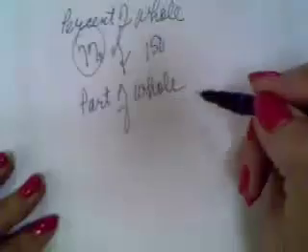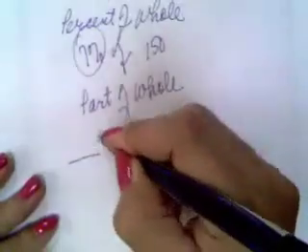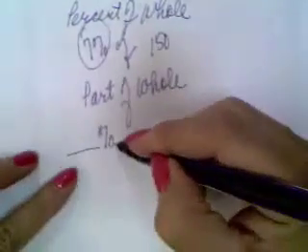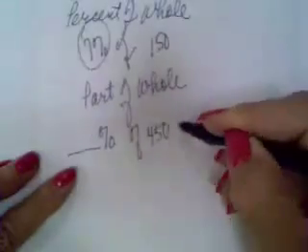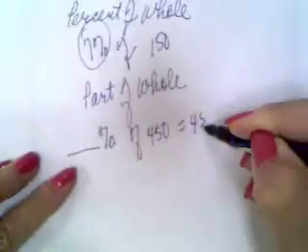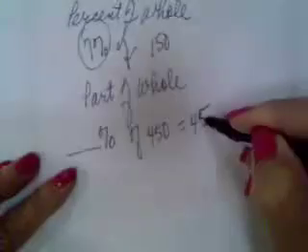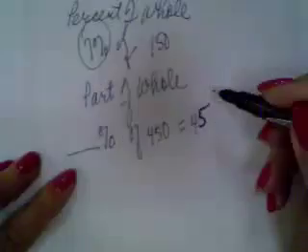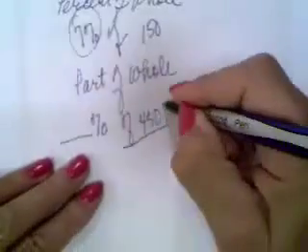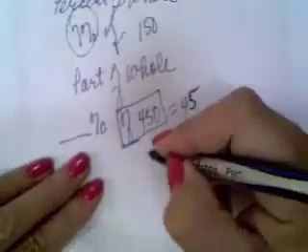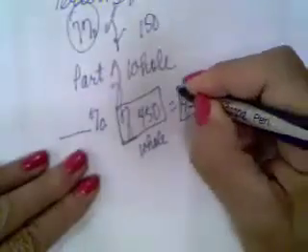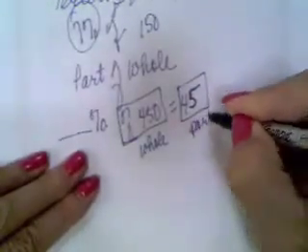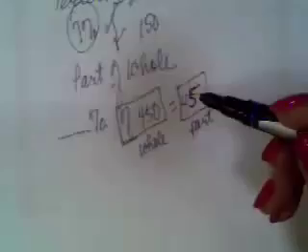So in this case, what we're looking for is the percent. So what percent of 450 is 45? So we still know that 450 is the whole, and we know that 45 is the part, so we're looking for the percent.